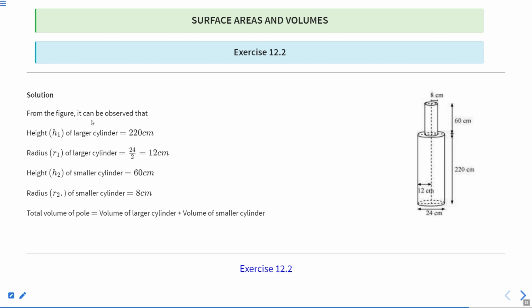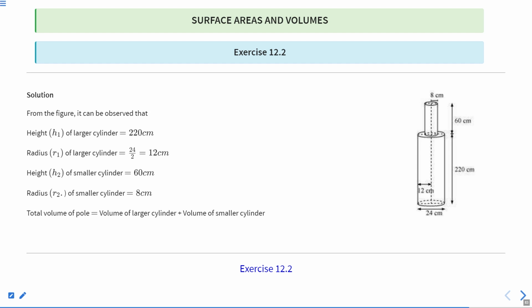From the figure it can be observed that height h1 of larger cylinder is 220 centimeter, radius r1 of larger cylinder is 24/2, that is 12 centimeter, height h2 of smaller cylinder is 60 centimeter, and radius r2 of smaller cylinder is 8 centimeter.